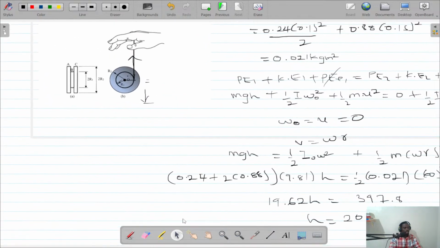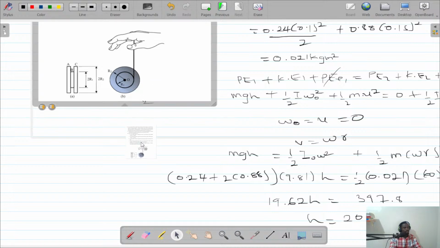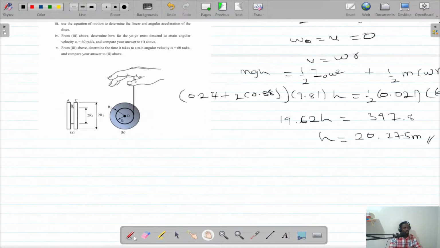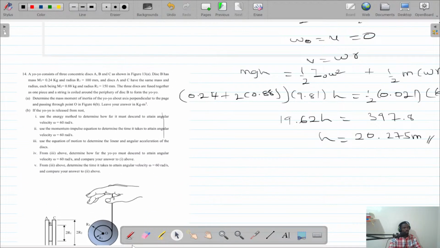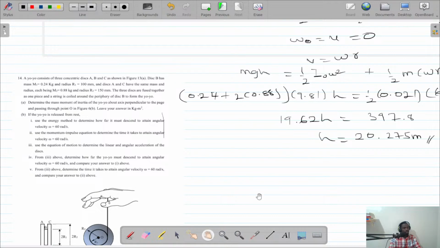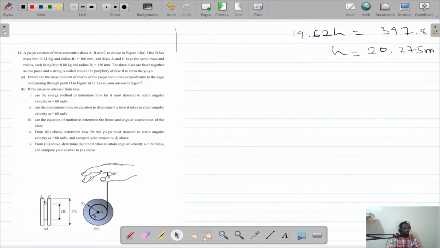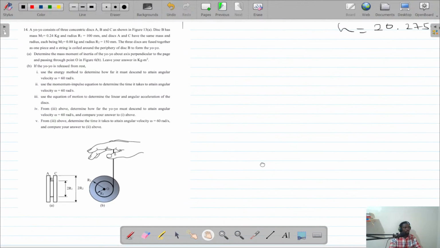Let me just bring this down. So the free body diagram, we are going to have T here.